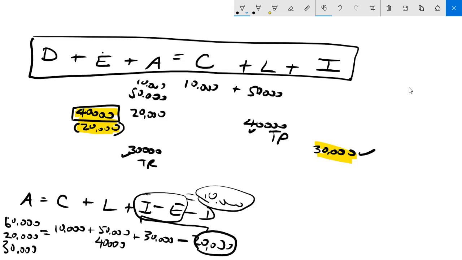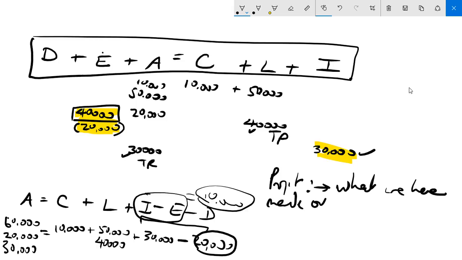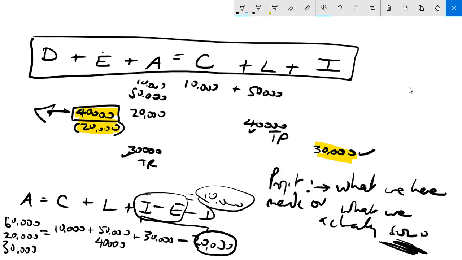So what is profit? Profit is defined as what we have made on what we actually sold, not what we purchased. We purchased £40,000 worth of goods, but we only sold £20,000 worth of goods.